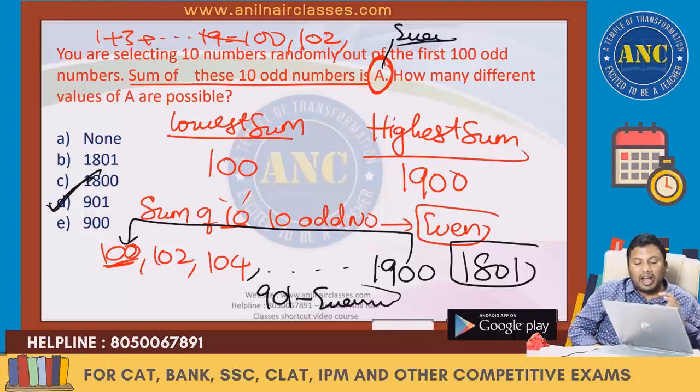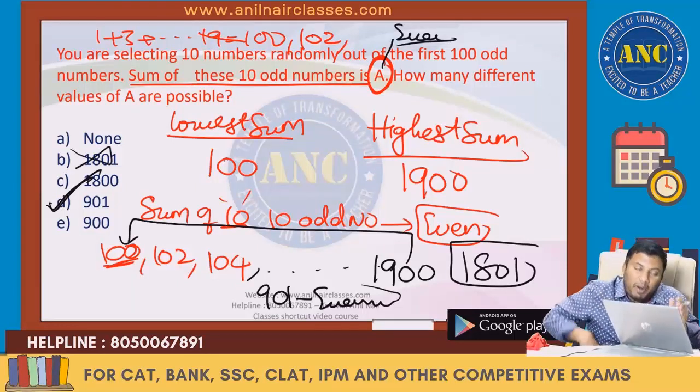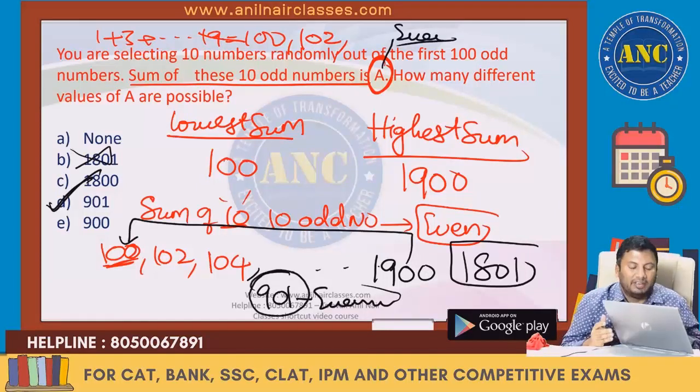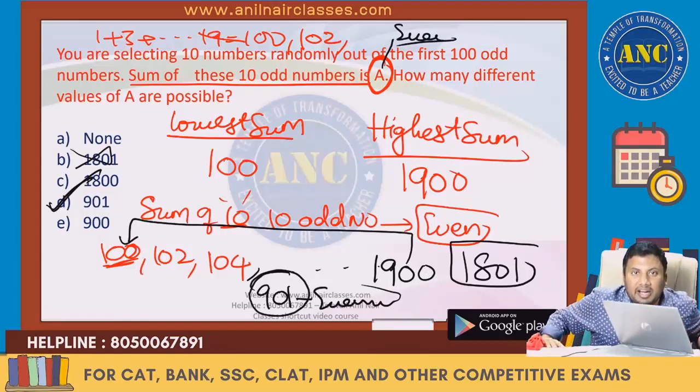I hope the idea is clear. 1801 is not the answer; it is the count of numbers from 100 to 1900. How many even numbers are present? 901 even numbers are present. Beautiful question where 100C10 is removed.